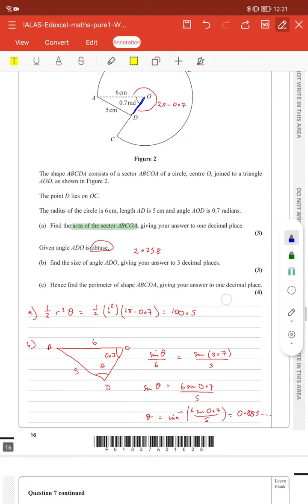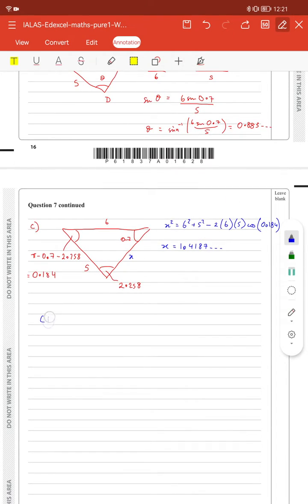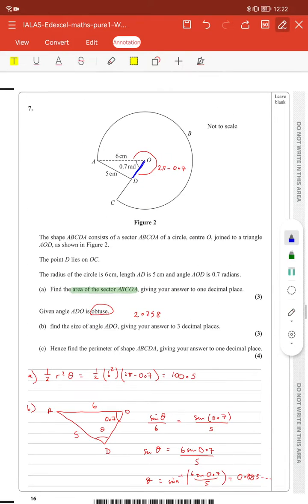Now we know that CD would equal 6 minus x, which would give us 4.58 to 3 significant figures.